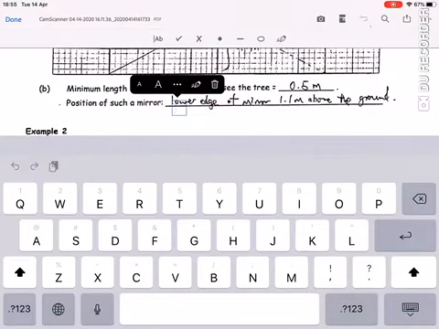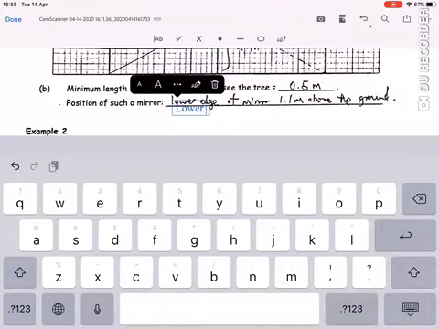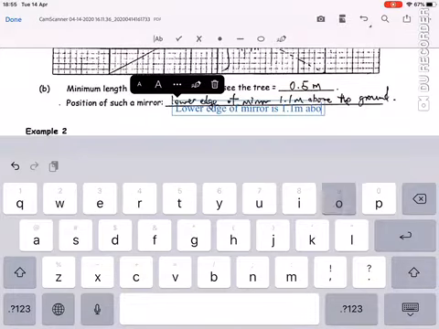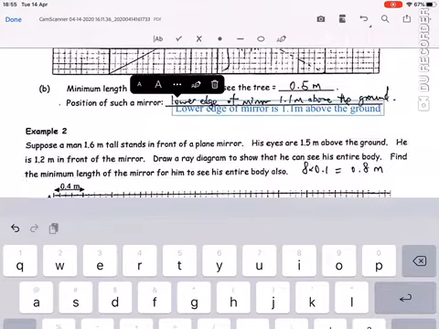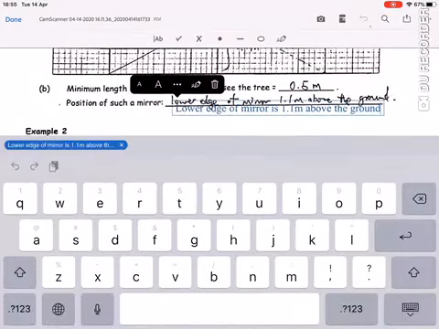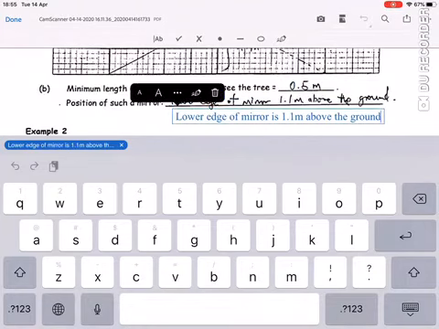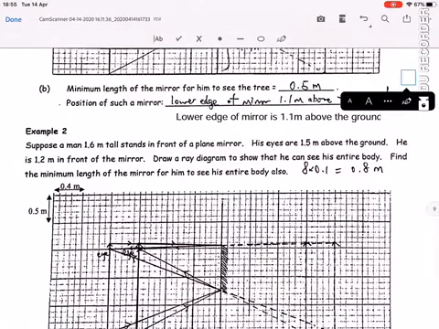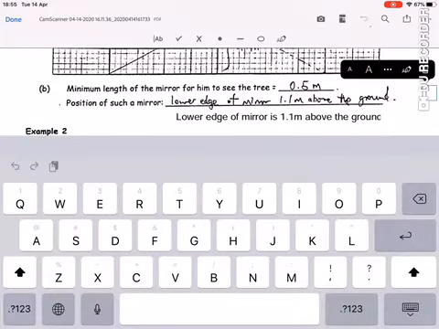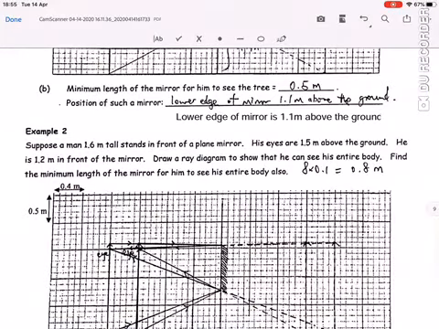The lower edge of mirror is 1.1 meters above the ground. Okay, so that's what it reads. So you should be able to pick up what that is. The lower edge of the mirror is 1.1 meters above ground.